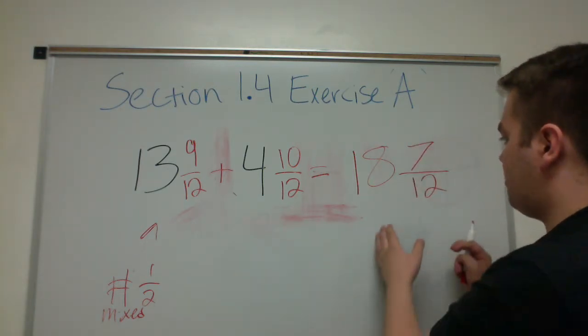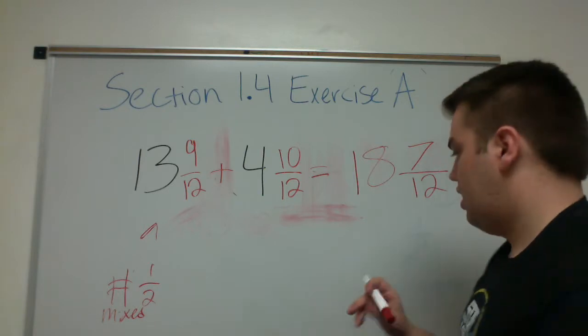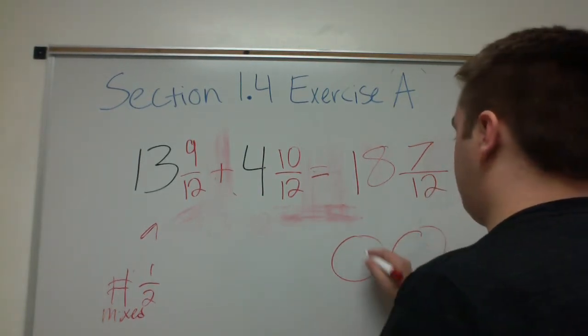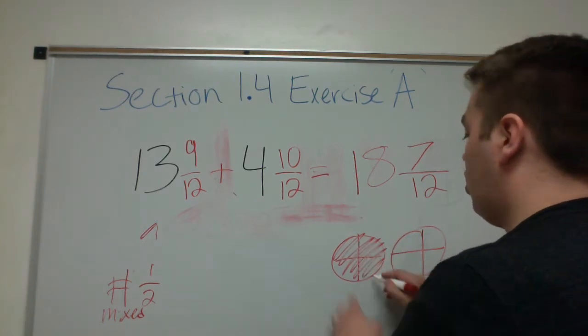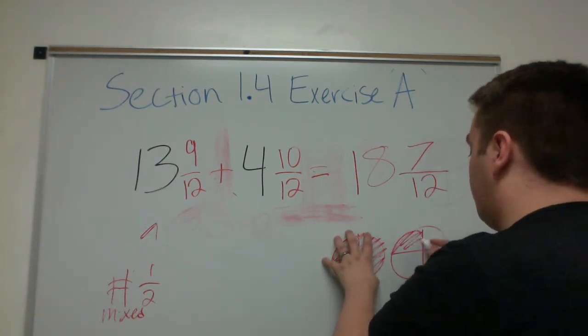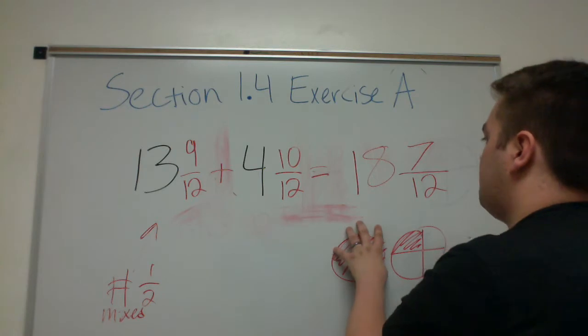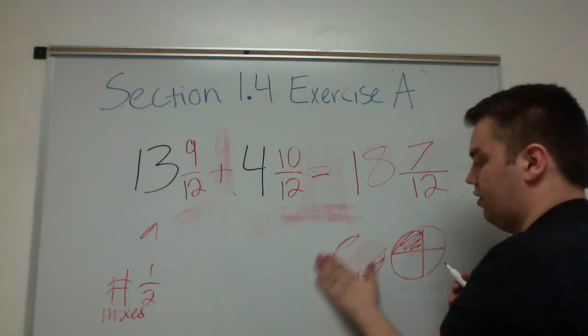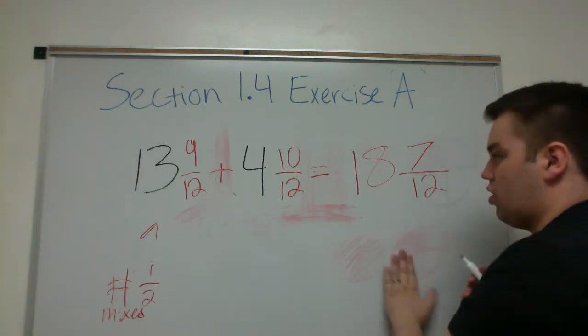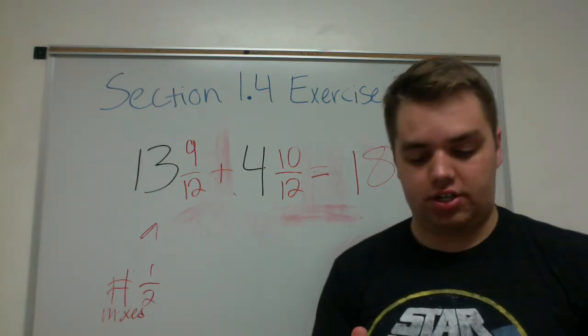The reason is that 19/12 is kind of like having a pizza, and you have all of one pizza plus a little bit more. So we're going to take this pizza and add it to the big numbers and just leave this fraction by itself. So that is how you add mixed fractions.